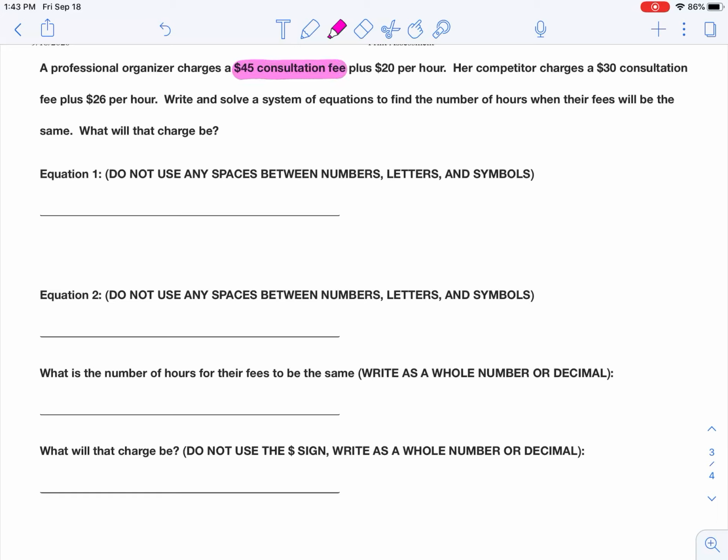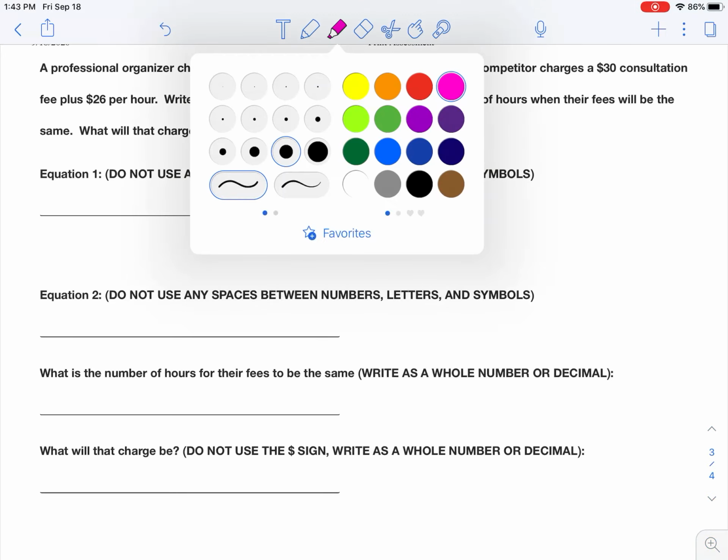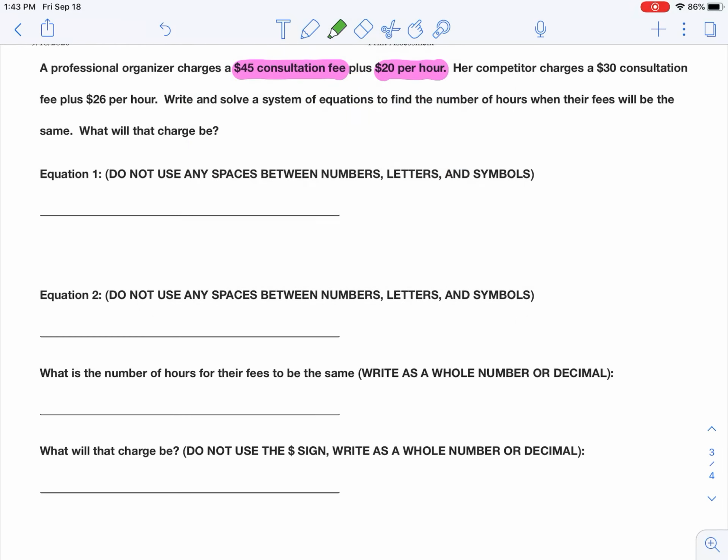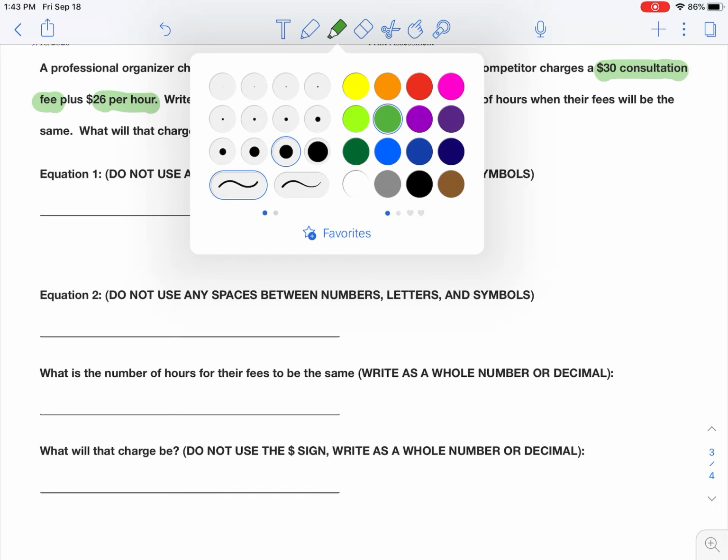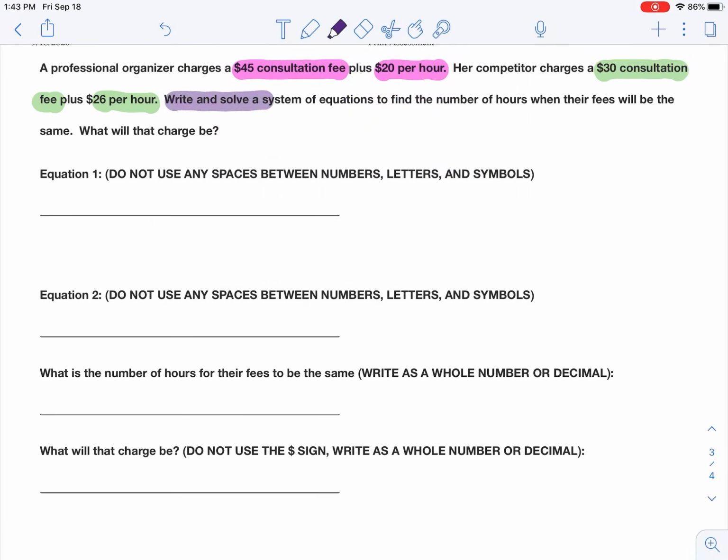One person that's getting paid for a job gets $45 flat fee plus $20 per hour. Another person that's doing the same job has a $30 fee and gets $26 per hour. So what we want to do then is write and solve a system of equations.